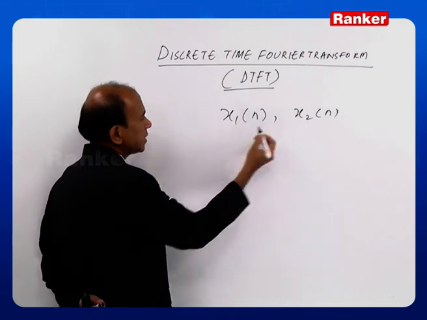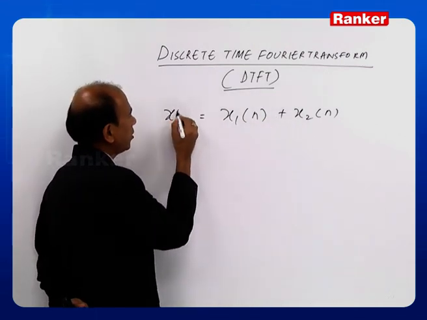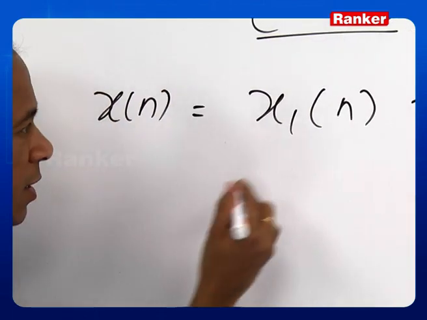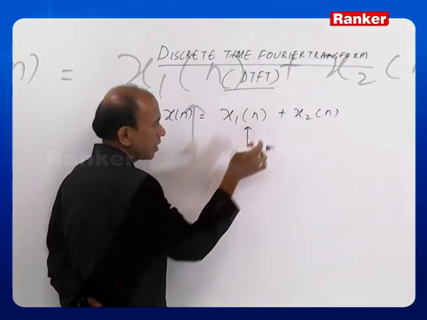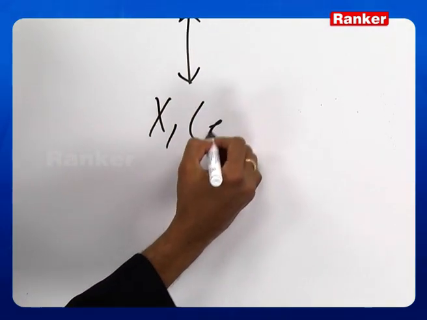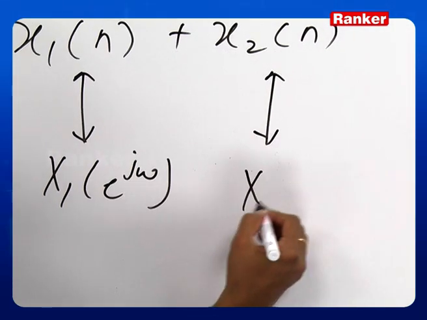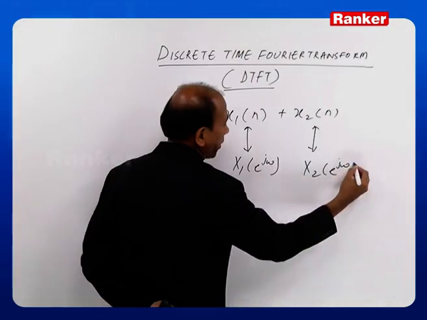These are the two signals to be added, and this will be your total signal. Let us say this has a DTFT of X1 of e to the power of j omega, and this has a transform of X2 of e to the power of j omega.